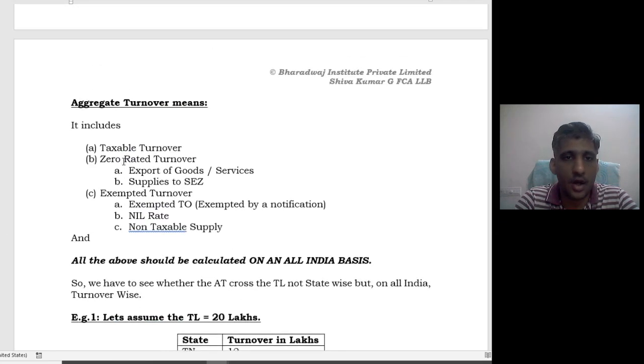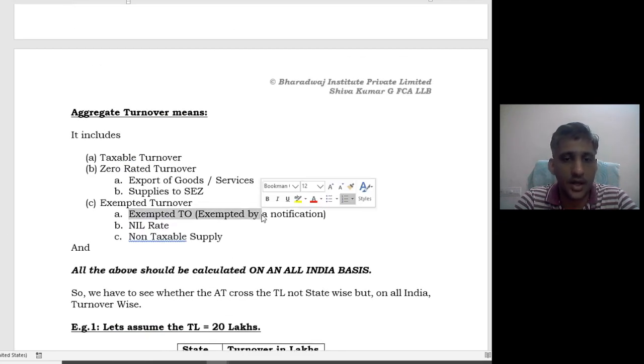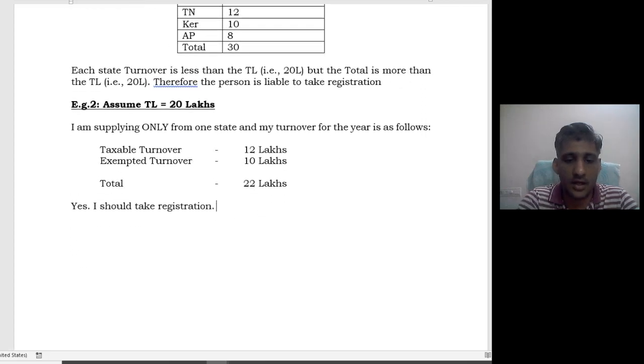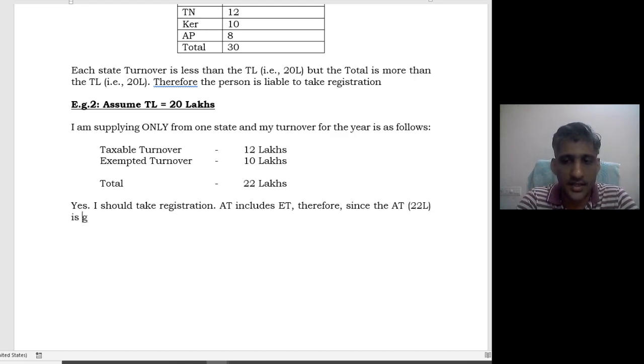Because aggregate turnover includes exempted turnover. How will you write in your exam? Aggregate turnover includes exempted turnover. Therefore, since the aggregate turnover of 22 lakhs is greater than the threshold limit of 20 lakhs, I am liable for registration.